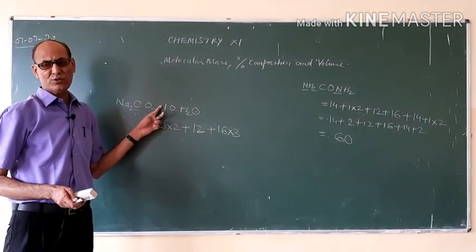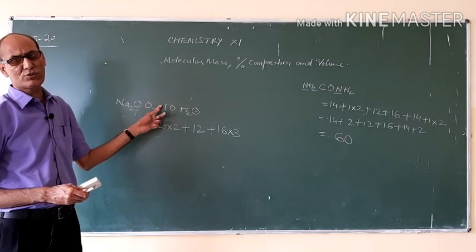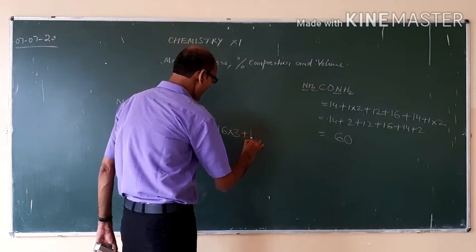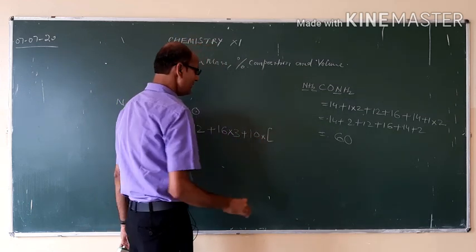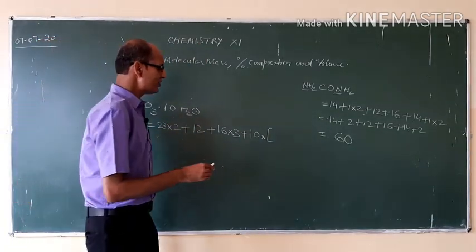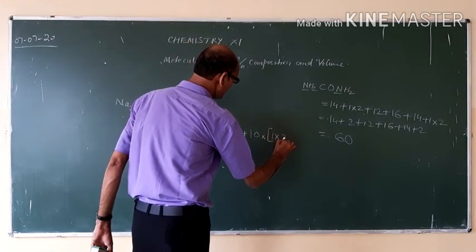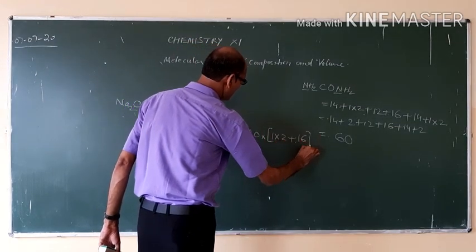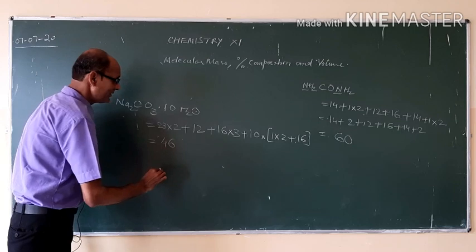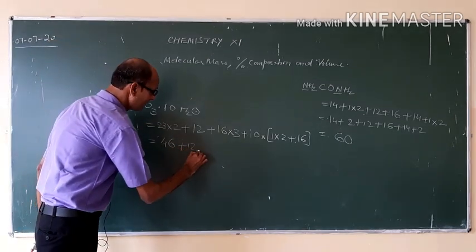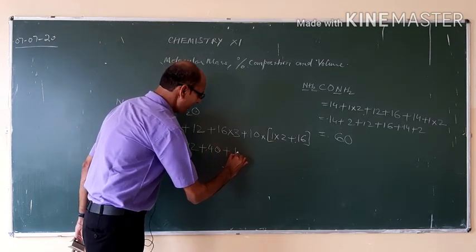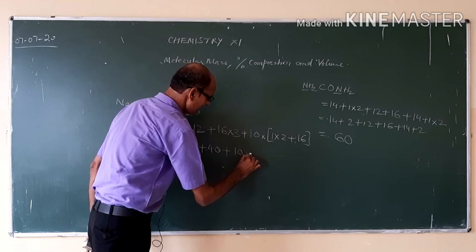So what do we have to use here? Plus, we have to use plus 10 into, in bracket, H, that means 1 into 2 plus 16. So this will be 46 plus 12 plus 48 plus 10 into 18.